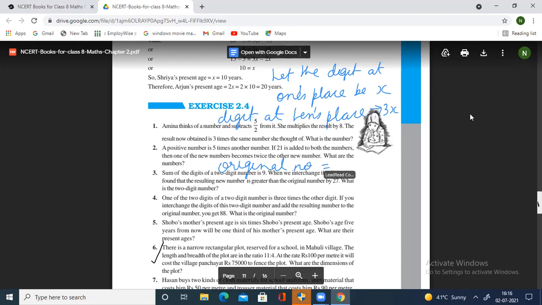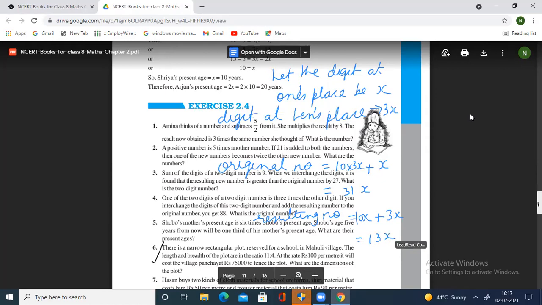The original number should be, x is at ones place and 3x is at tens place, so it becomes 31x. And the resulting number is obtained by interchanging the digits. So 3x will go to the unit place and x will go to the tens place. So it is 13x.